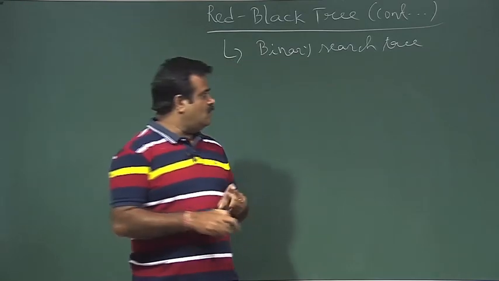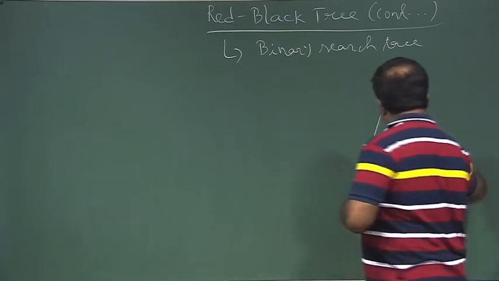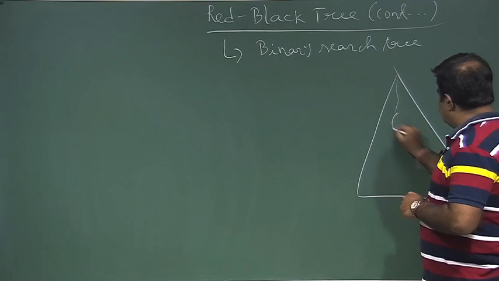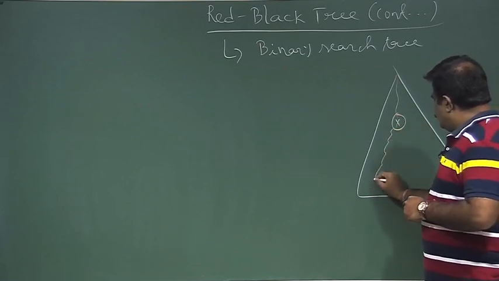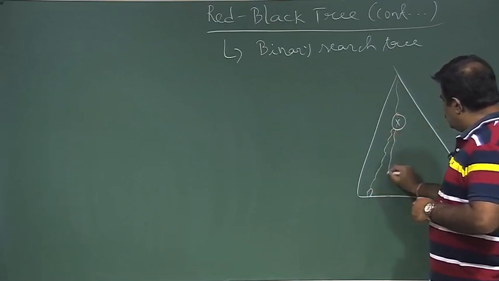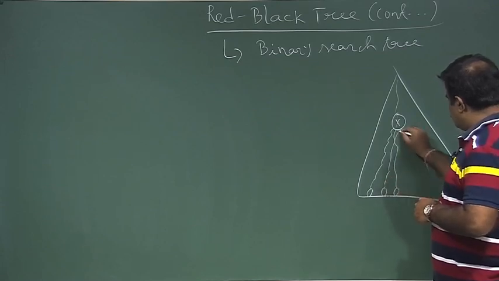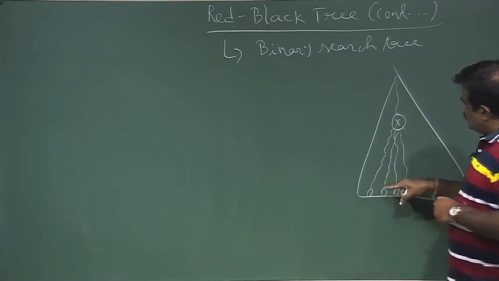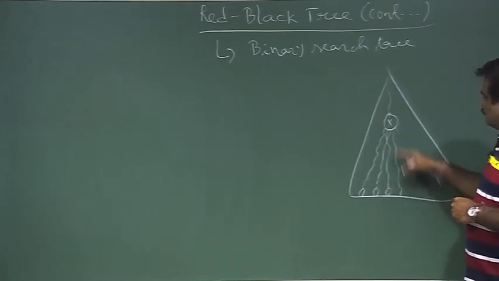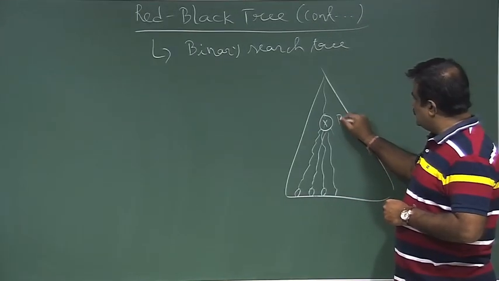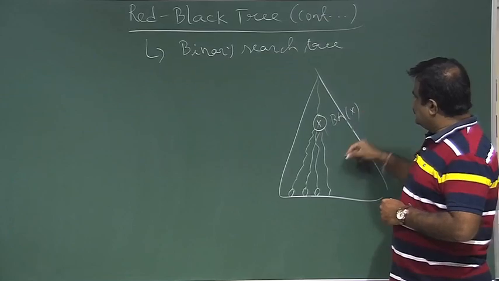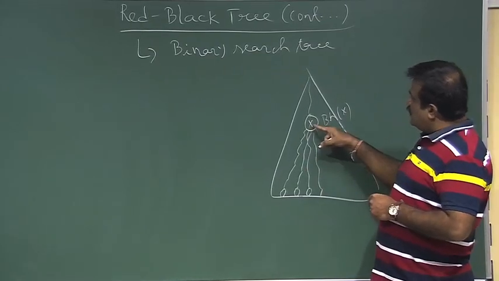So, if you take a node x, and consider all the paths from that node to leaves, and count the number of black nodes, the number of black nodes is the same, and that is the black height of x. It excludes the color of x.